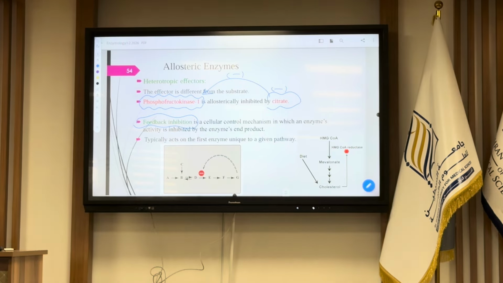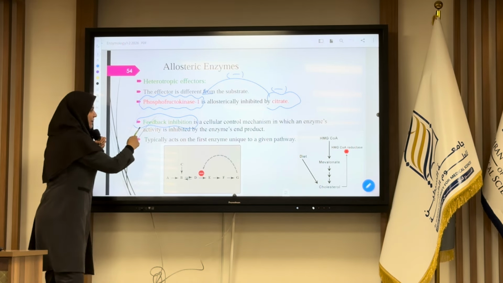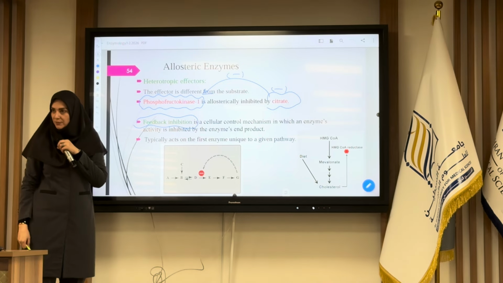Does it activate or inhibit? Inhibit. When you have an accumulation of product, it says, why do you want to waste your energy? Stop. It means they send a negative signal, and this negative signal is called feedback inhibition.